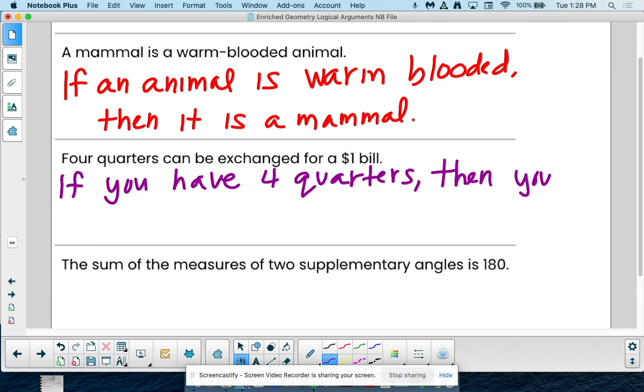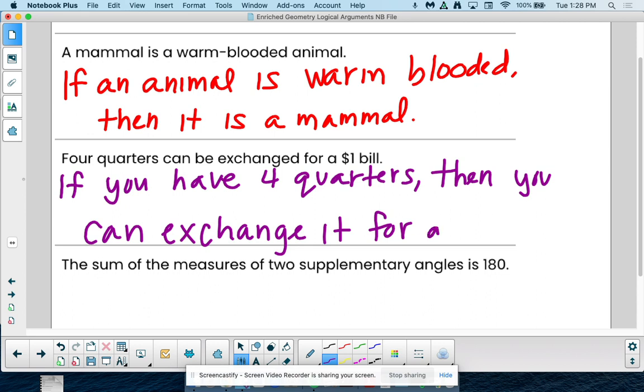Then you can exchange it for a dollar bill. You guys try that last one on your own and then we'll compare.